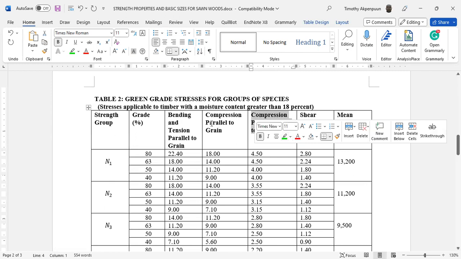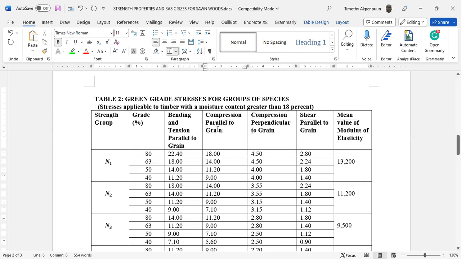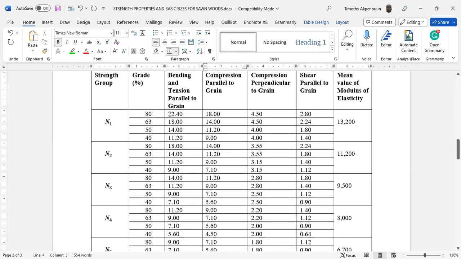You use this parallel to grain when you are designing for a column, because you install a column vertically. So the force is now acting on the face of the column downwards. Right? But for bending, look at this.